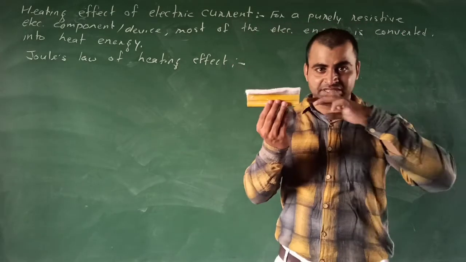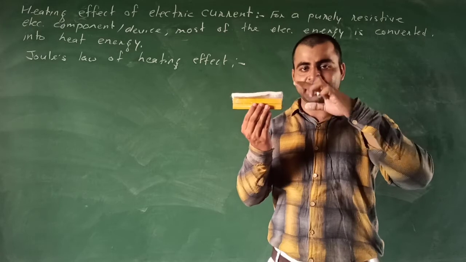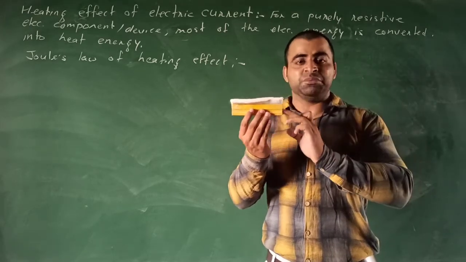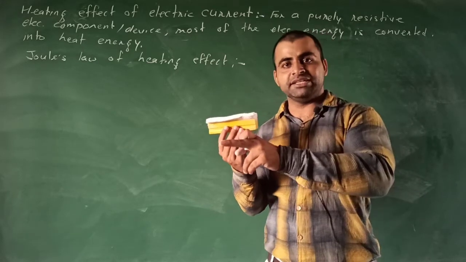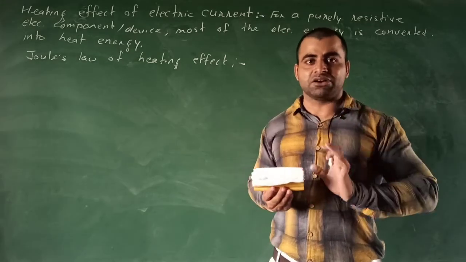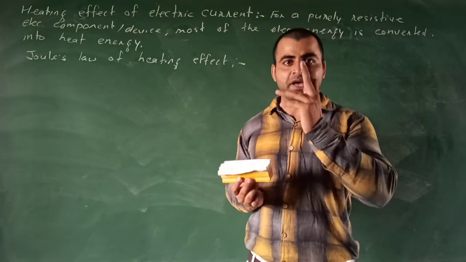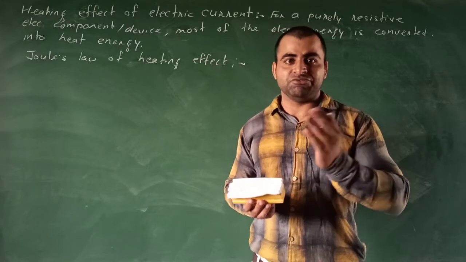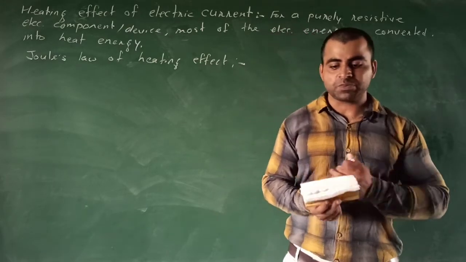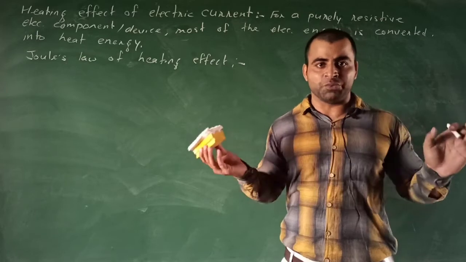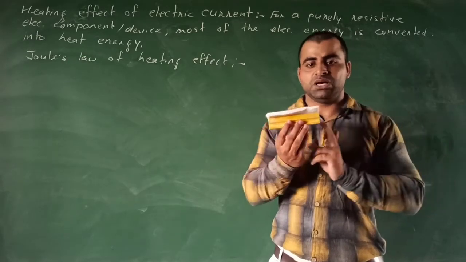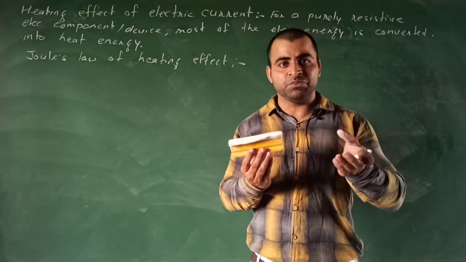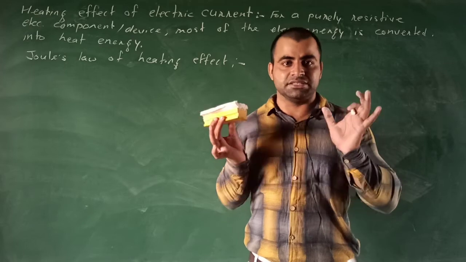If the current is more, then the heat will be more. If time is more, then also the heat will be more. We can see at our homes when a fan is working for a long time, then it will get heated. Same for all components. If an electronic component works for a long time, then it will be heated.